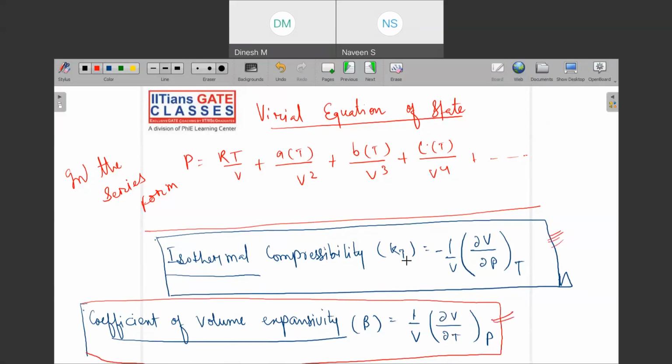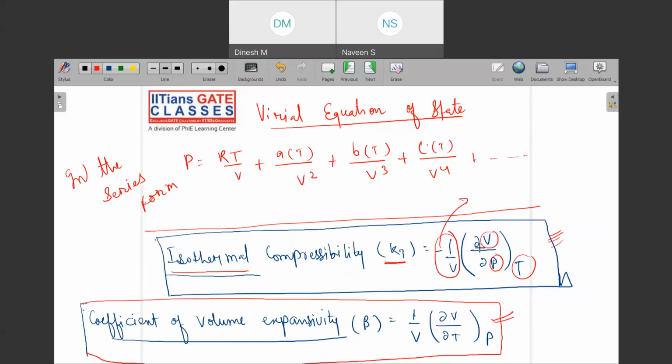The trick to remember is that when we are working with isothermal, we take temperature as constant, and then we have the change in V with the change in pressure, and then we divide it by minus 1 upon V. Why minus sign?